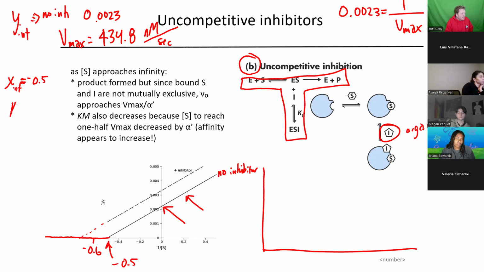My Km, how do I solve my Km? On a double reciprocal plot, x-intercept is equal to, and this is a negative x-intercept, negative 1 over Km. Does everyone follow that?